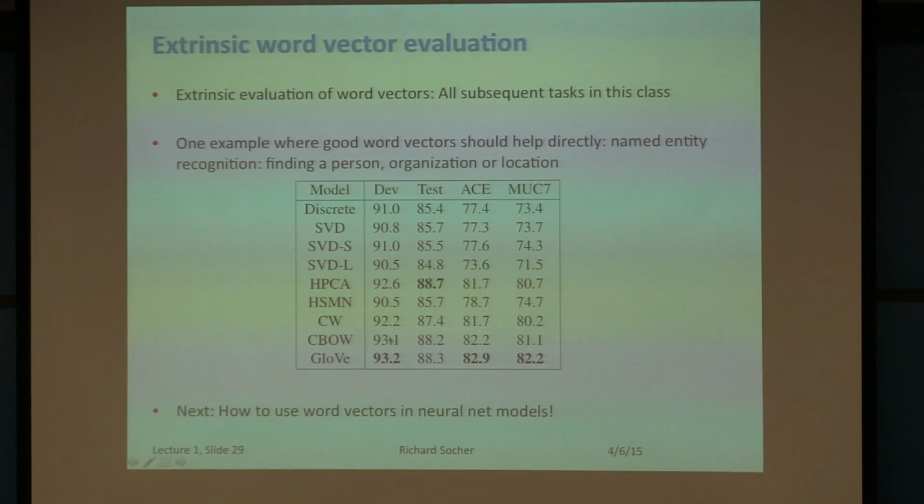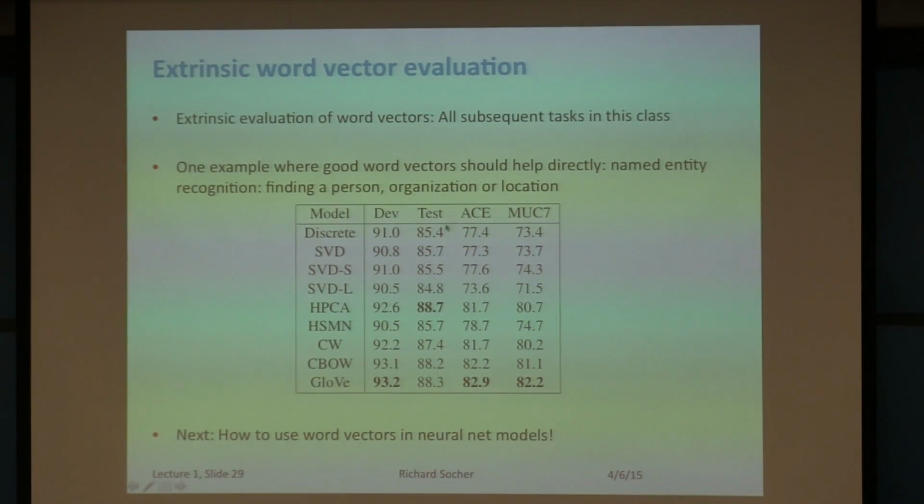Here are a couple of different data sets, the CoNLL and ACE corpora. These kinds of models work very well, and the differences here are quite small. All these different vectors, like continuous bag of words, work in the 80 or 90% range.